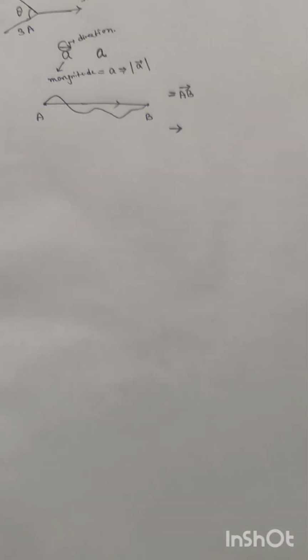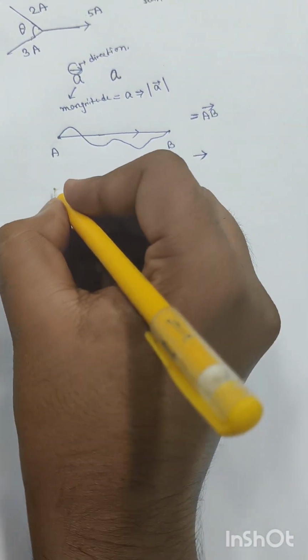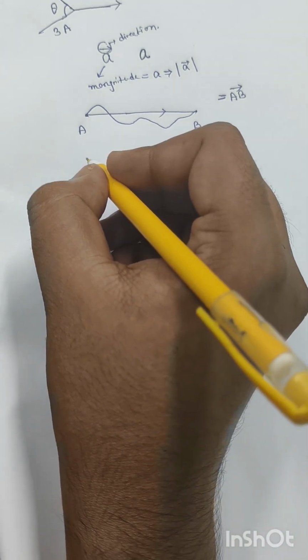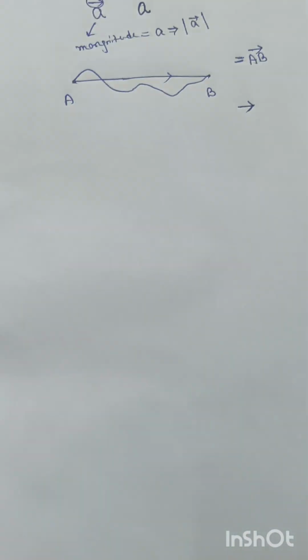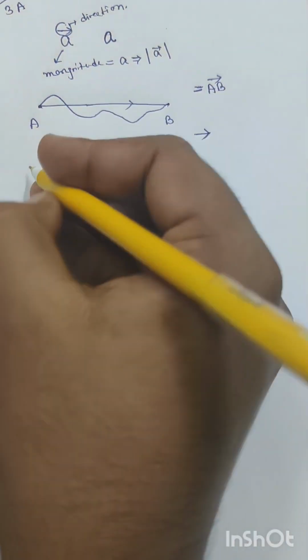Now here are different vectors, but among them very few are important, like equal vectors. Equal vectors means two vectors whose direction is the same and magnitude is the same.